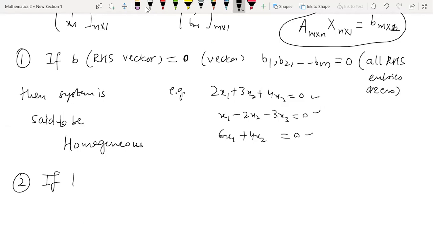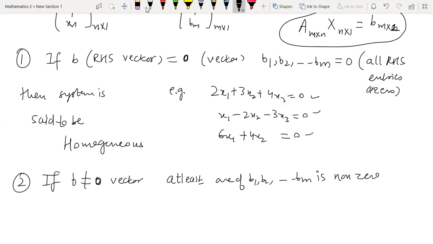So if b is non-zero, a non-zero vector means at least one of these b1, b2, bm is non-zero. Being 0 means everything should be 0, but being non-zero as a vector means even one element is non-zero, then the whole system is said to be non-homogeneous.